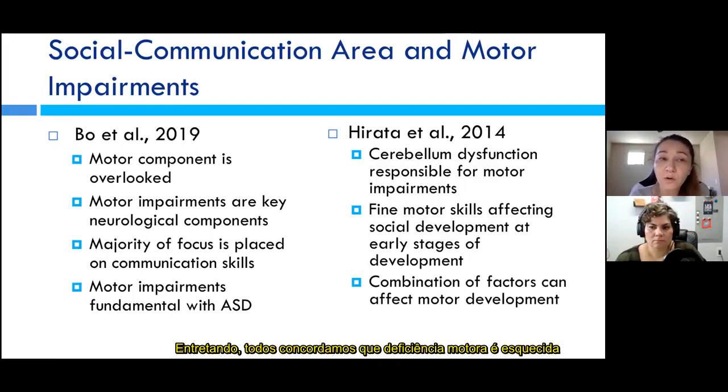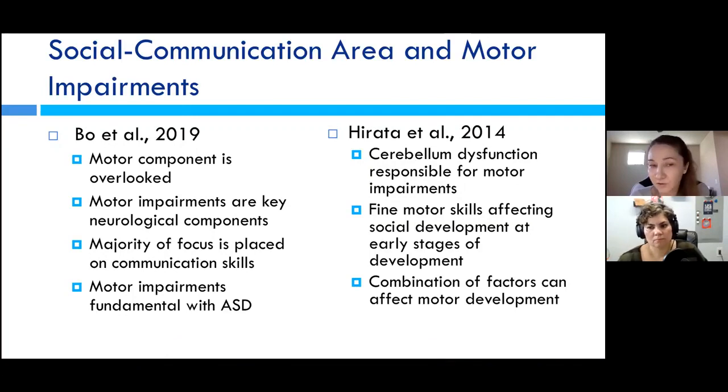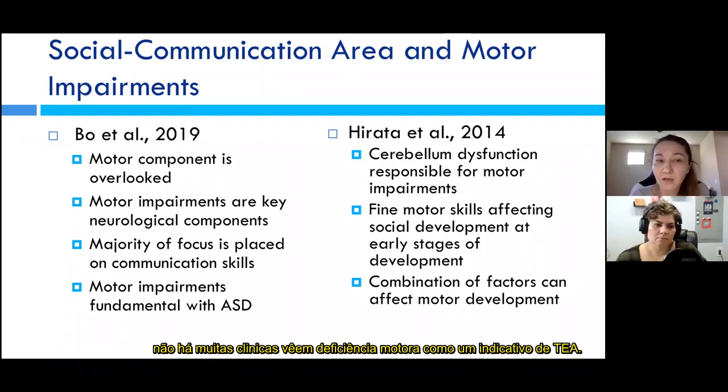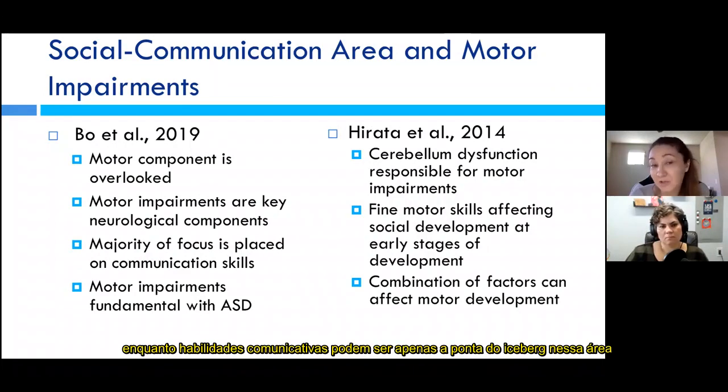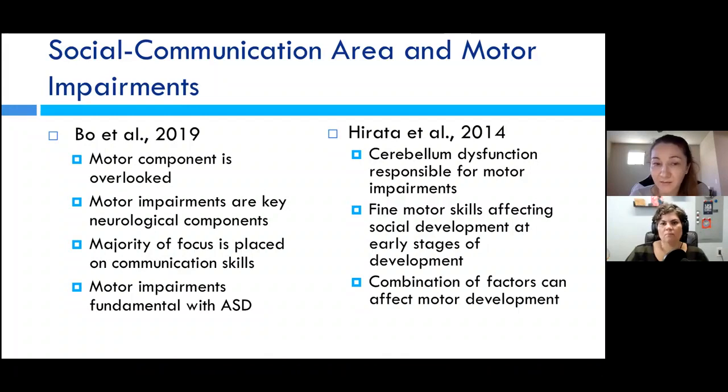So overall, everybody agrees that the motor component is overlooked. Not too many clinicians look at the motor component as indicative of ASD. Motor impairments may be key neurological components, and the majority of focus is placed on communication skills, while in fact, communication skills can be just the tip of the iceberg in that area.